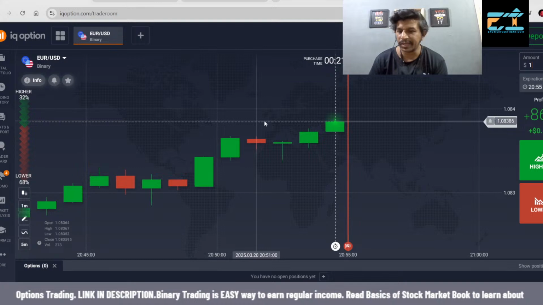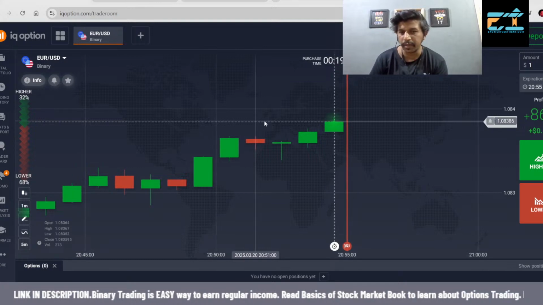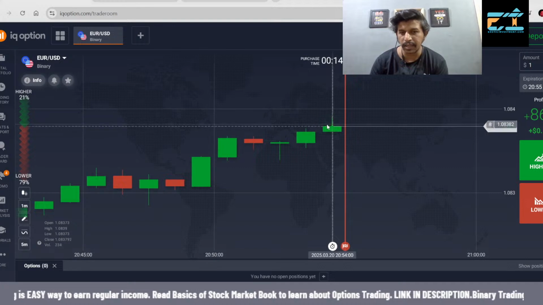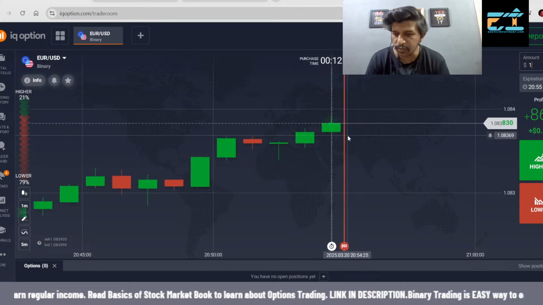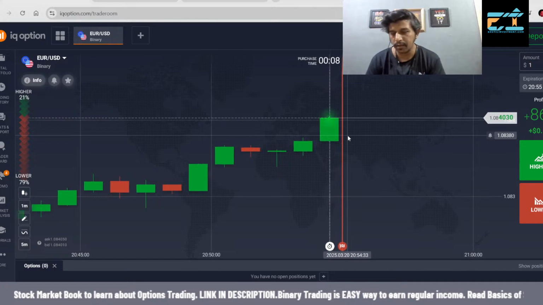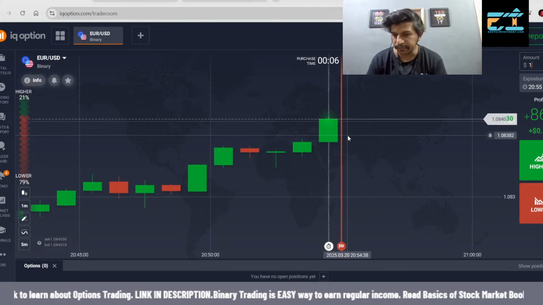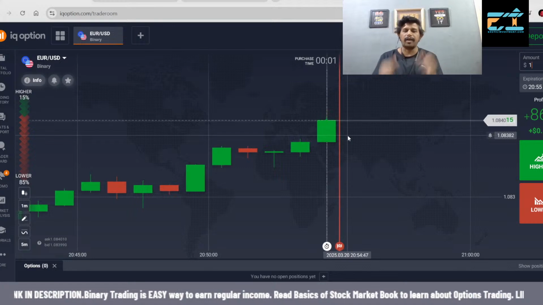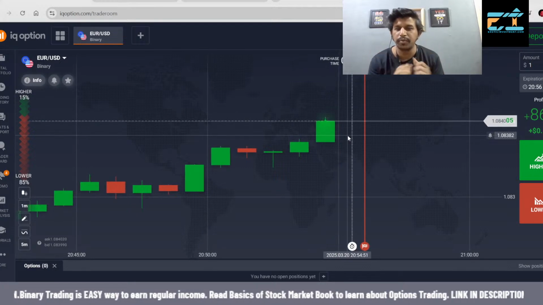Okay, so there is a trend which is probably forming. Yeah, positive trend, green, green, green. If there is a positive trend and there is a break, we'll follow the break, the trend break. Okay, seems like we have positive trend which is probably forming.